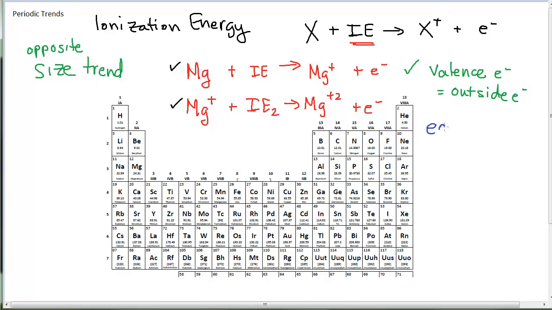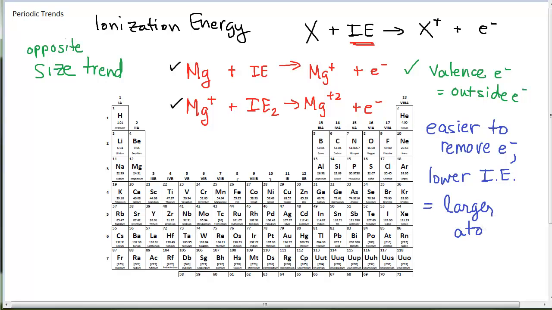So the easier it is to remove the electron, the smaller the amount of energy, the lower the ionization energy. The easier it is to remove it, the further away it is. So lower ionization energy equates to larger atoms. We see an exact opposite trend. Smaller ionization energies for larger atoms and vice versa.